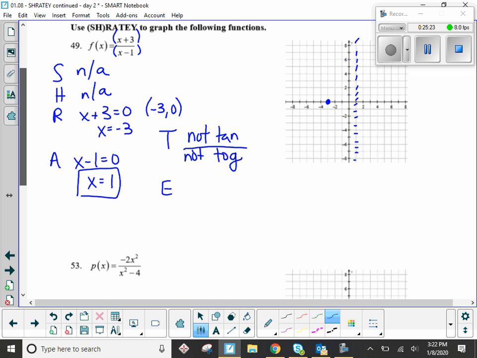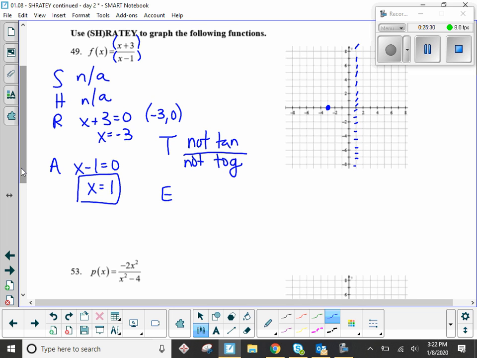Use for end behavior, it's your horizontal asymptote step. It comes from what I had you box and put stars around. The leading terms. It's the first term on the top and bottom. Are the exponents the same or bigger on the bottom? The same. That's balanced. That means you simplify it. This is going to give you 1. You write it as a line, y equals 1.